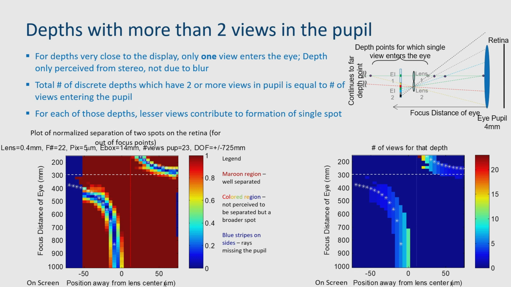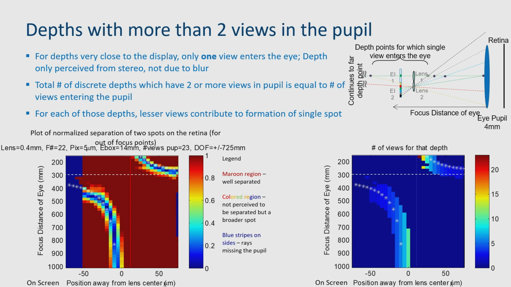The red line here is when the pixel position creates the same view. The blue points here are when the spots are exactly overlapping. The maroon region is when they are well separated. And the intermediate region is when they are not a single spot, they are a broader spot, but they're not well separated.